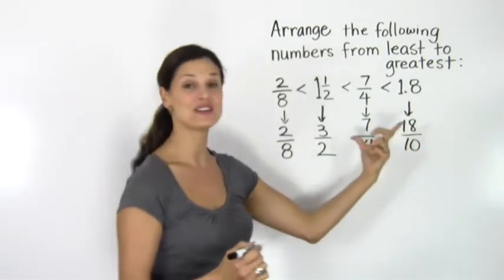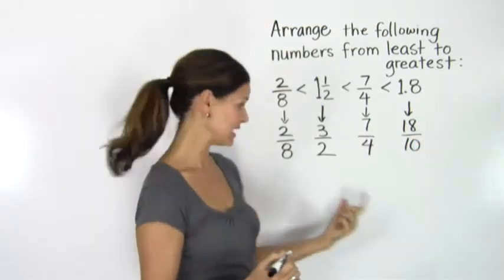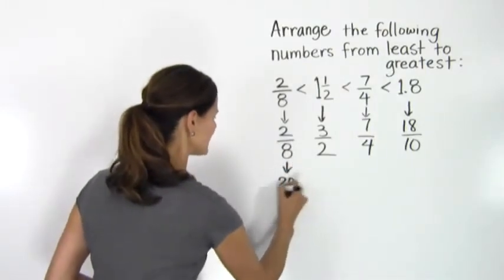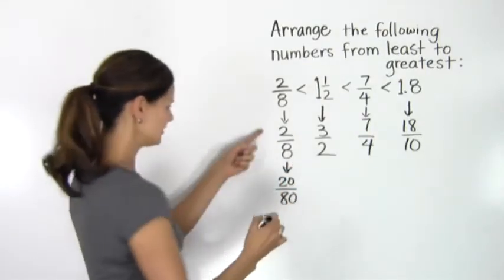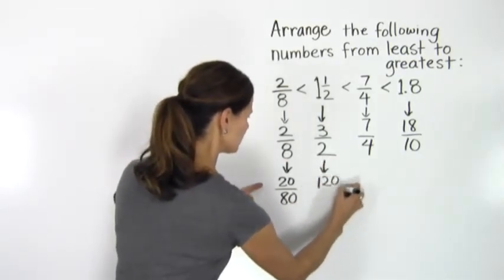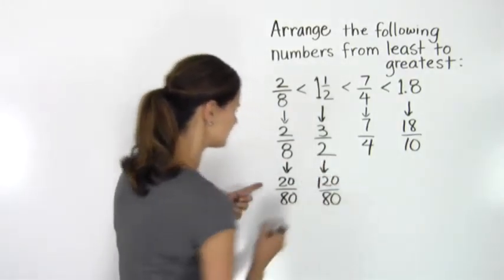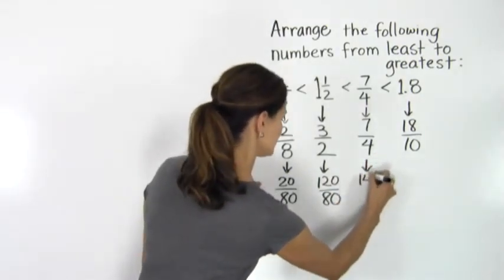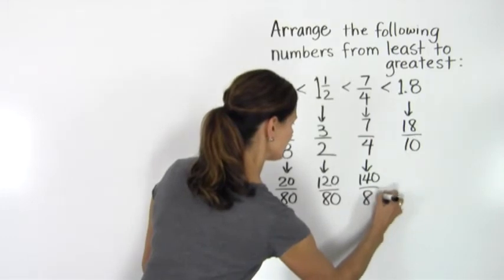I would have to then convert all of these to a common denominator of 80, which would give me 20/80ths for this fraction, would give me 120/80ths for this fraction. This one would convert to 140/80ths.